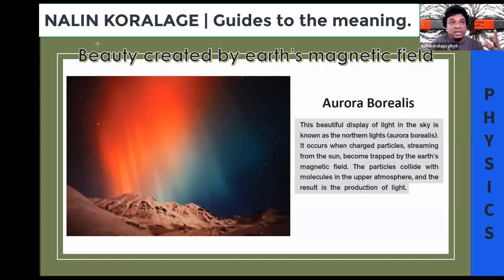You get excited and keep going here and there inside the room. It's a relatively small area, so you're going to collide and make impacts. In a similar manner, these trapped charged particles, while moving here and there inside the magnetic field of the Earth towards the North Pole as well as the South Pole, make a huge number of collisions. Due to these collisions, these illuminations are produced.